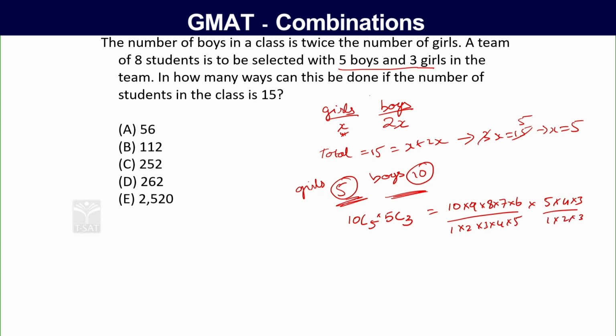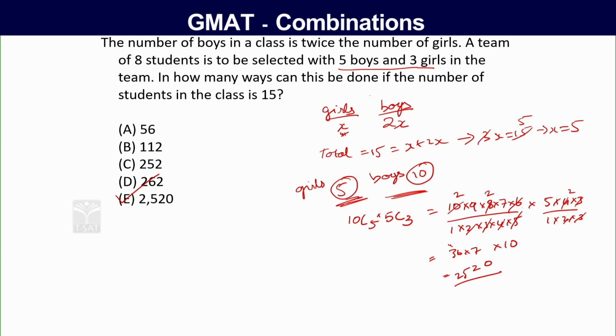Okay. 3 2s are 6, 4 2s are 8, 5 2s are 10. So you have 4 9s are 36, 36 into 7 here, and 5 2s are 10. 7 6s are 42, 7 3s are 21, 25, 2520. The answer comes out as option E. Option E is your answer here.